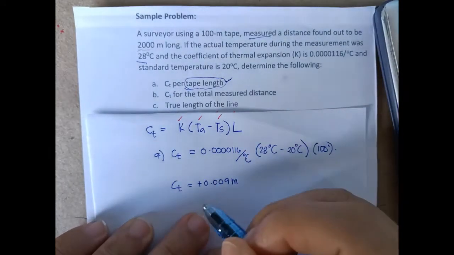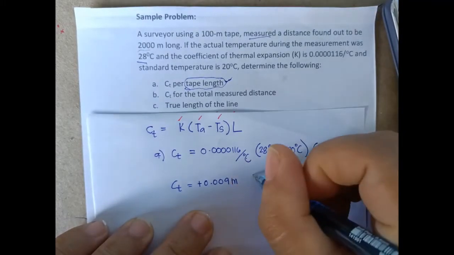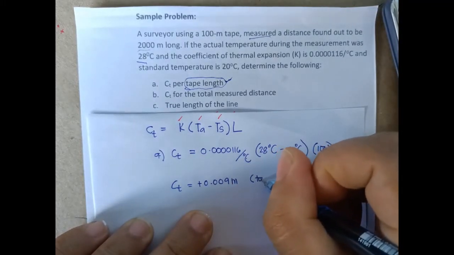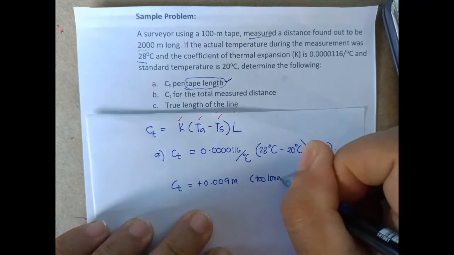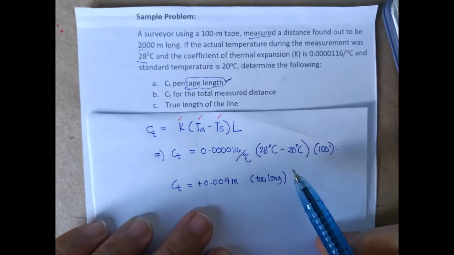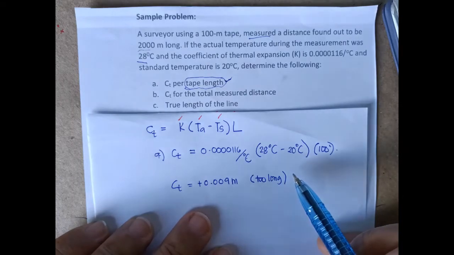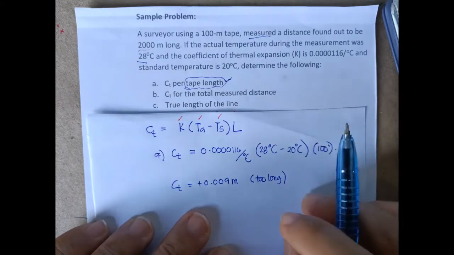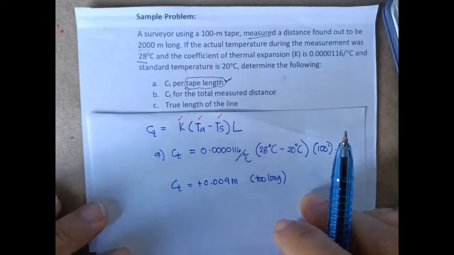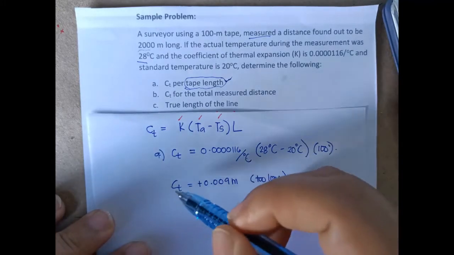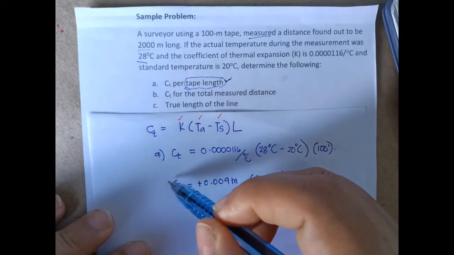The positive here indicates that this situation makes the tape too long, because the temperature is higher than the standard, so of course the tape will stretch. So this is the answer for A.